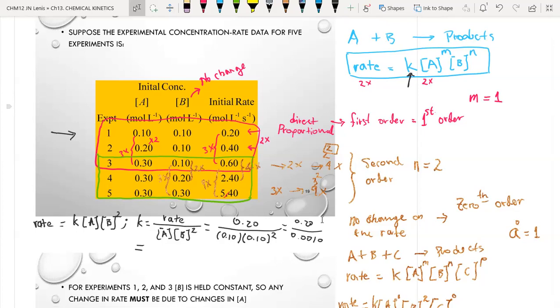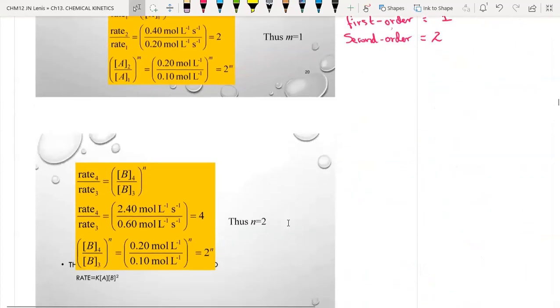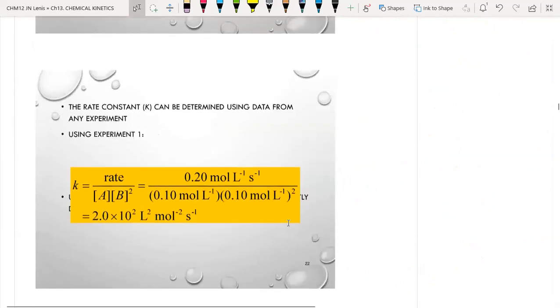You bring it to scientific notation, it's going to be 2.0 times 10 to the second. That's what we got here. You see? So you do the operation there.